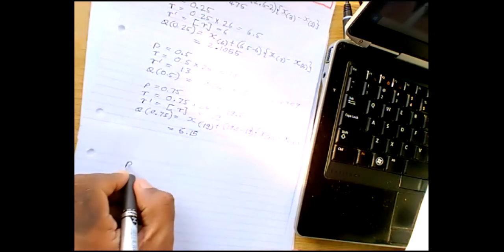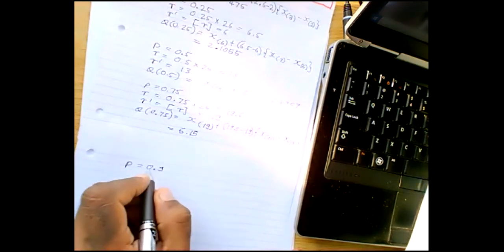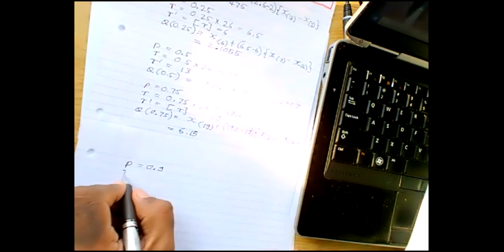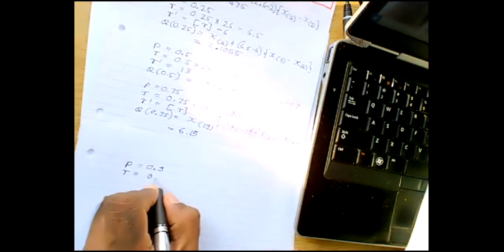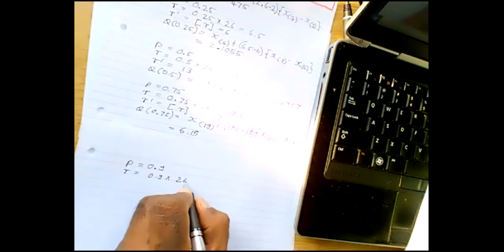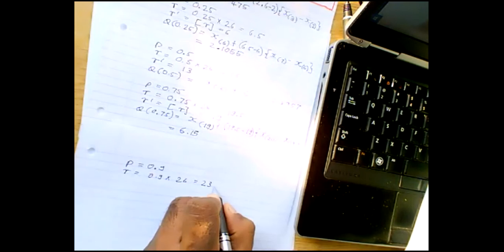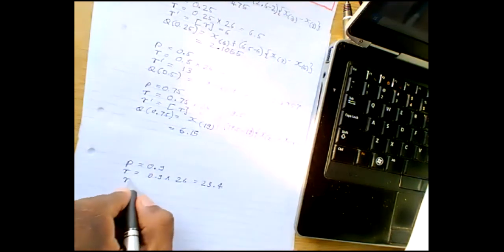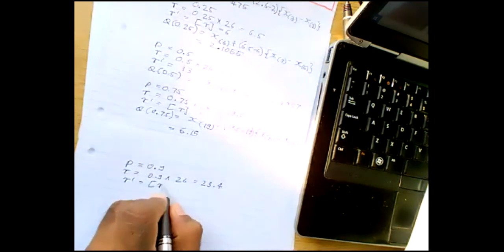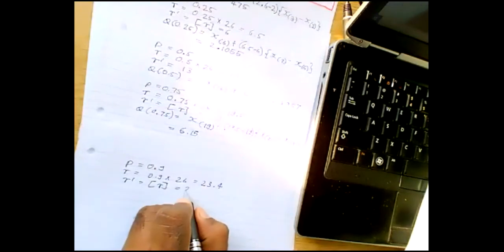All right, so we're nearly done with question 1. So the last thing we need to do is p equal to 0.9. So for p equal to 0.9, your R is going to be 0.9 times n plus 1, which is 26. So that's going to be 23.4. Your R prime is the integer part of R, which is 23.